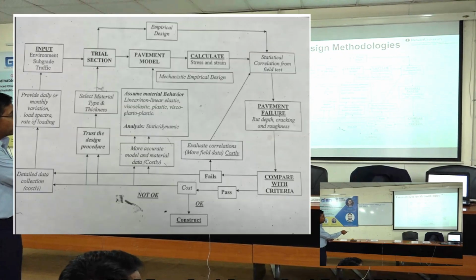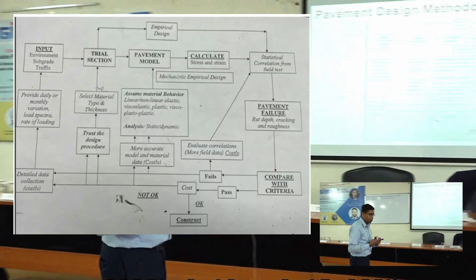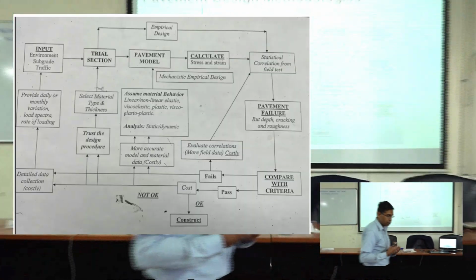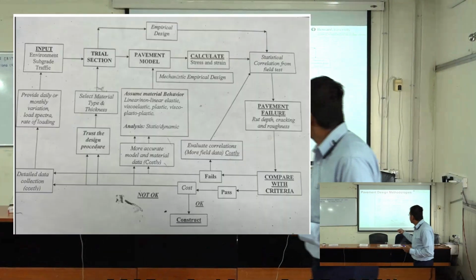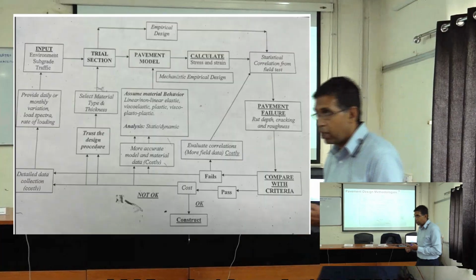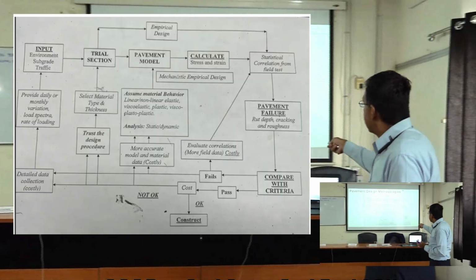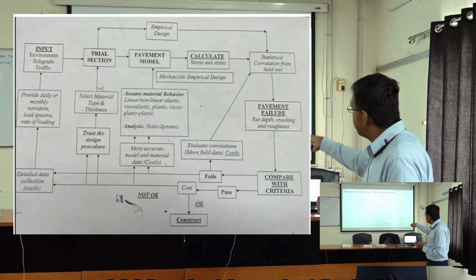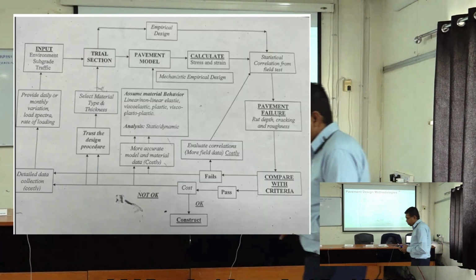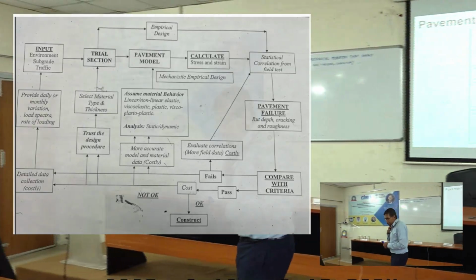The more investment we make in environment, weather, and traffic, the more accurate the model is going to be. That costs money as well. The detailed data collection is costly, and making the model more accurate is also one way. So there are multiple ways you can make your mechanistic empirical design more accurate.